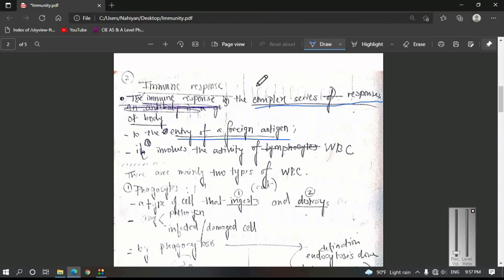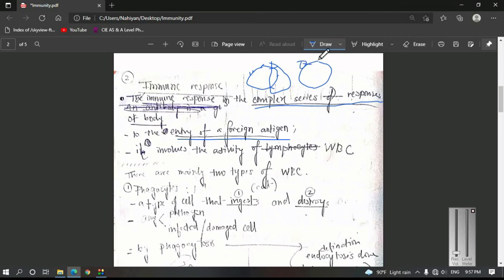What this means is that any cell, like our liver cell, has its own special shape outside, which we call an antigen. The response is against the foreign antigens. For instance, a yeast might enter, which does not have the same antigen as our body cells.